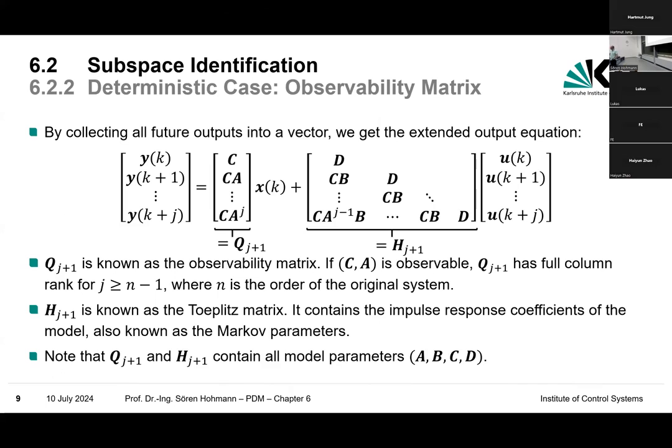You just have to end after n minus 1, right? So even if j ends up at 1000, here you will always discover the observability matrix, nothing more.